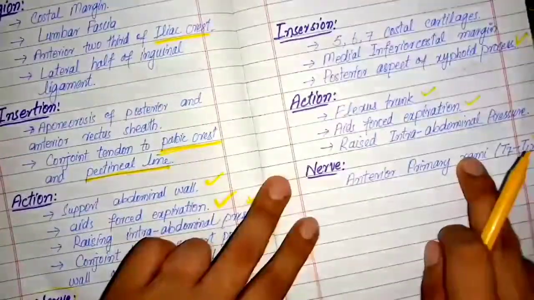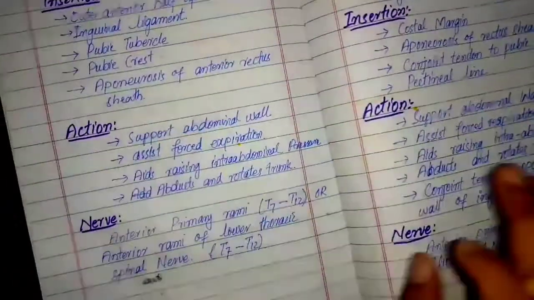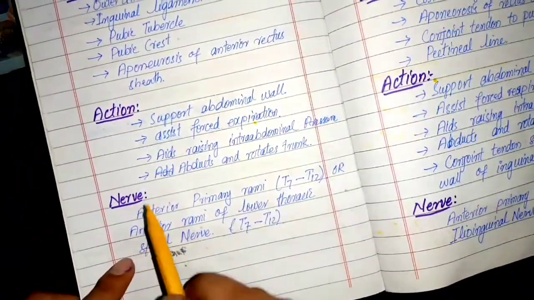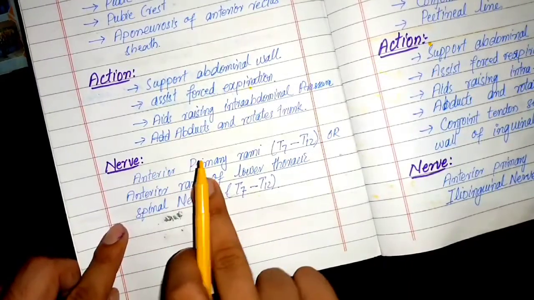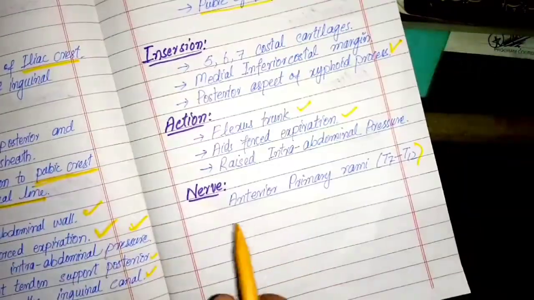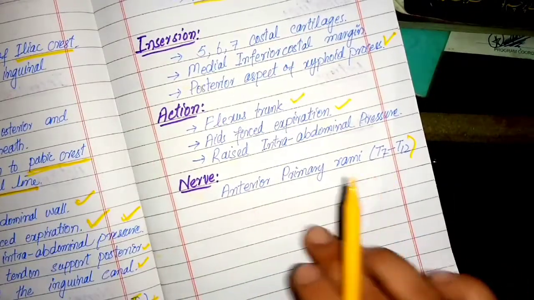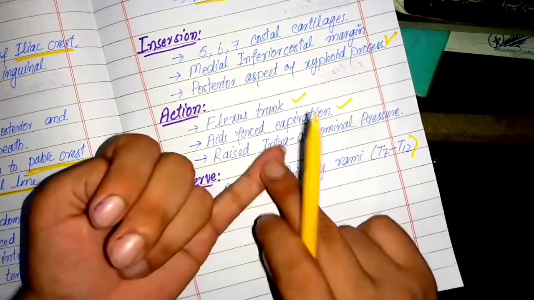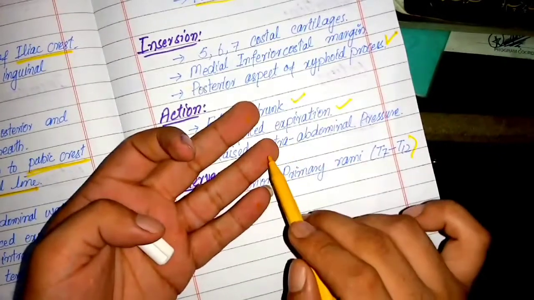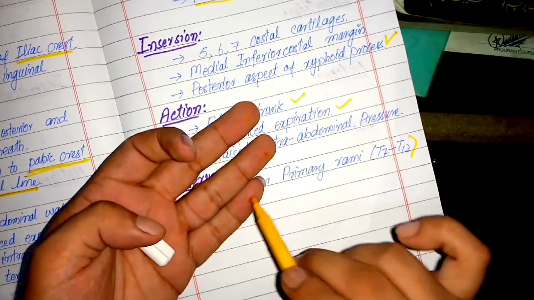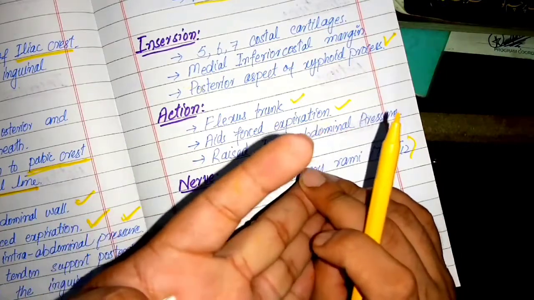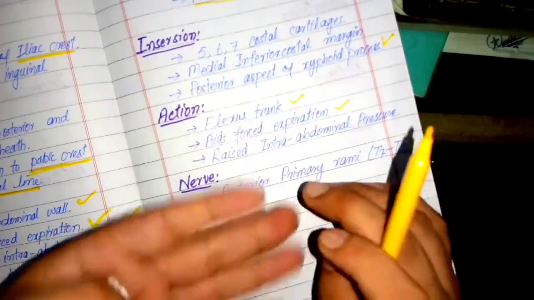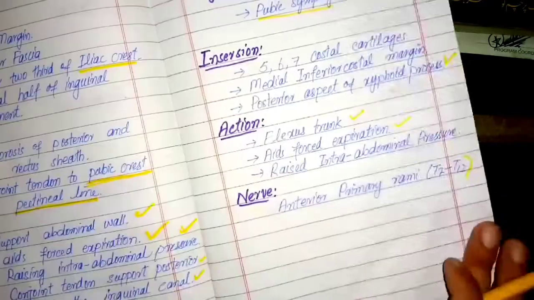So here is the nerve supply of the rectus abdominis muscle, and the first muscle we studied, the external oblique muscle, its nerve supply is also anterior primary rami. So the first and the fourth muscles are supplied by the same nerve, and the second muscle, internal oblique, and the transversus abdominis, the third muscle, are supplied by the same nerve, right?